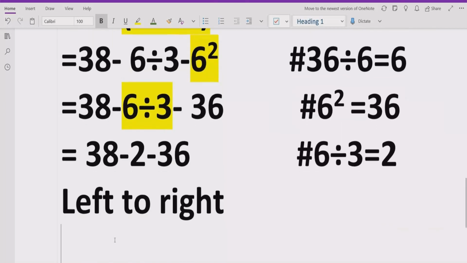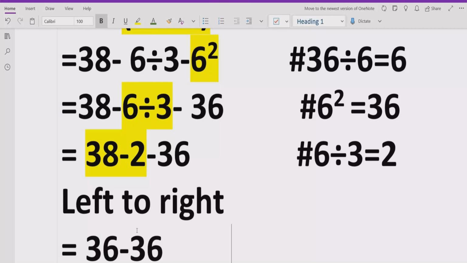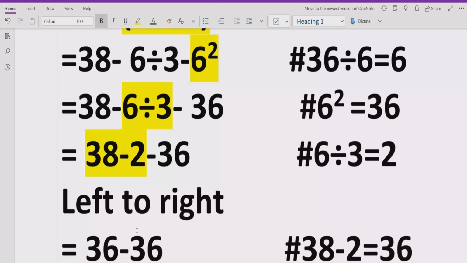So we will see first what is coming. Here we have 38 minus 2, which is equal to 36, and minus 36 again we will write. And here we give the reference: 38 minus 2 equals 36.